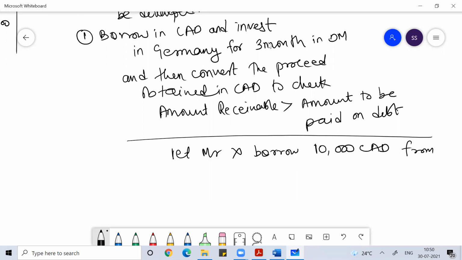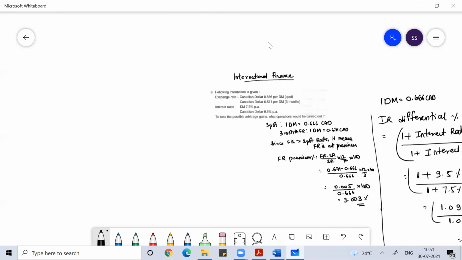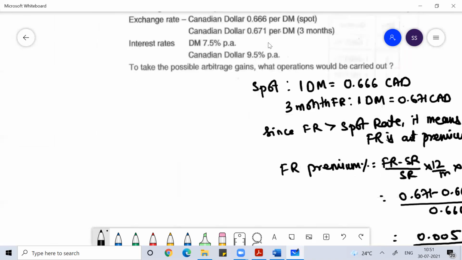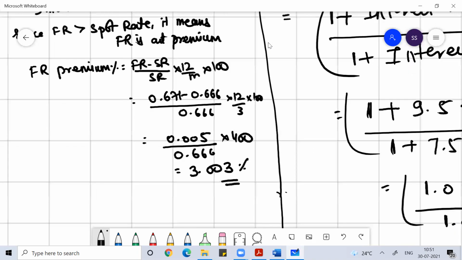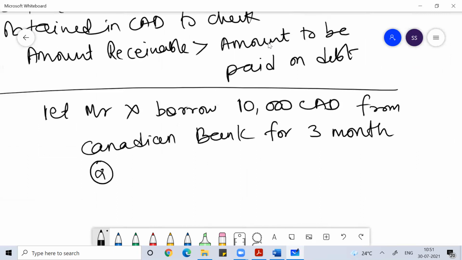Let Mr. X borrow 10,000 Canadian dollar from a Canadian bank for 3 months, where the rate of interest in Canada is 9.5% per annum.